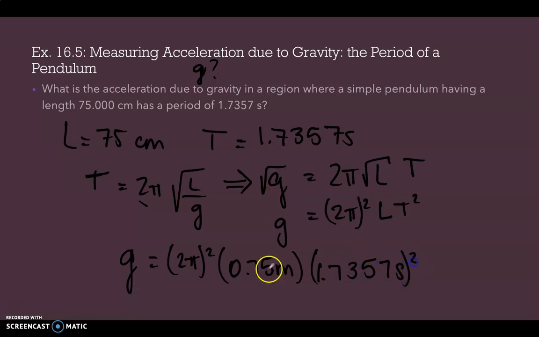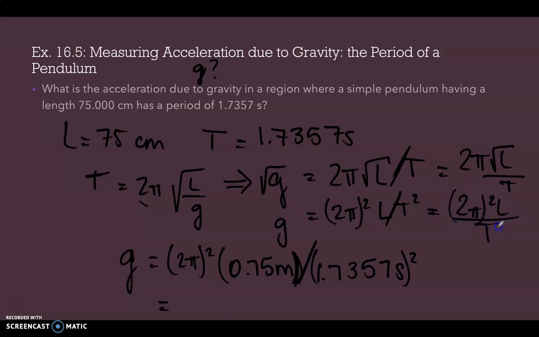Oh, whoops, that should be divided by. It's always the little things. So this should be 2 pi square root L over T, and then this should be 2 pi squared L over T squared. So our acceleration due to gravity should be 2 pi squared times our length, which is 0.75 meters, over our period, 1.7357 seconds, squared.